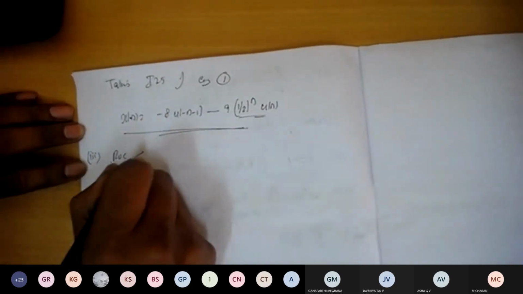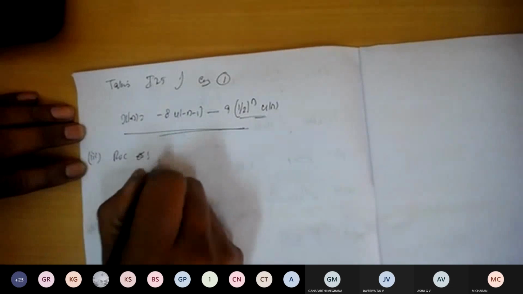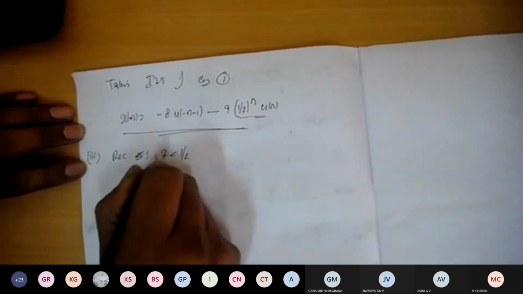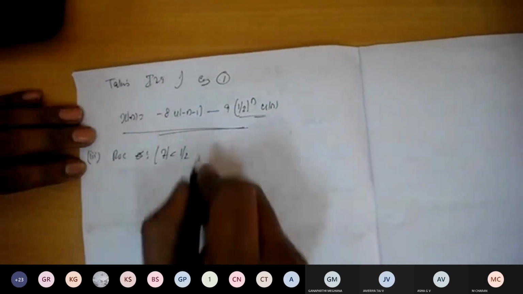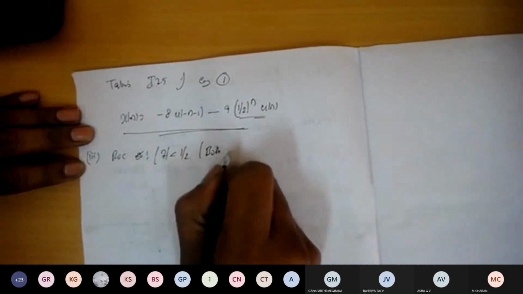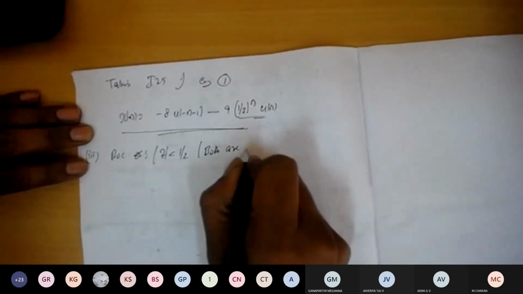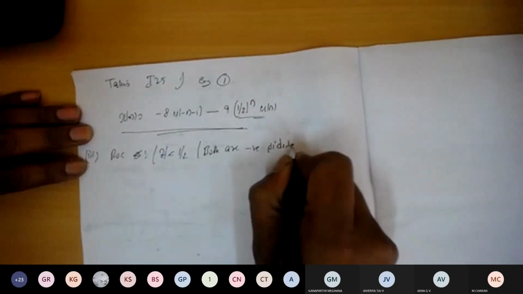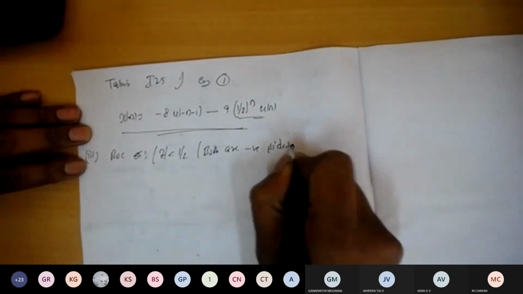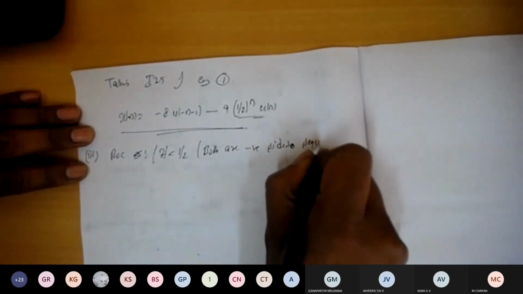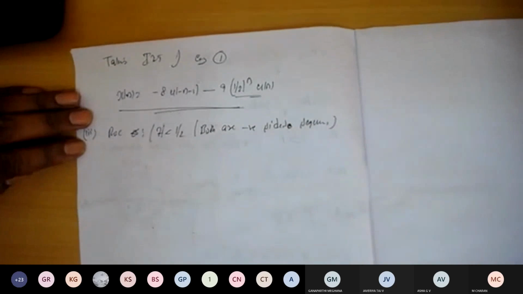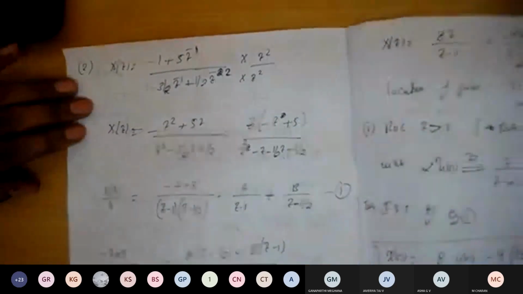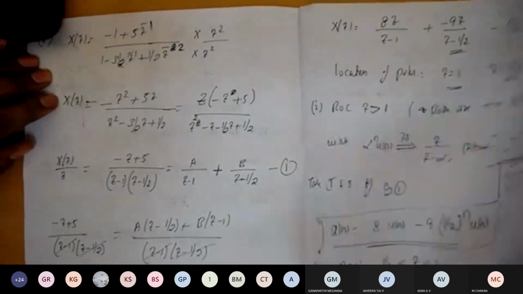The ROC is going to lie such that Z is inside the circle of 1 by 2. So both are negative sided sequences. Negative sided means the time index will be negative here, not the amplitude. We'll draw the ROC for that.